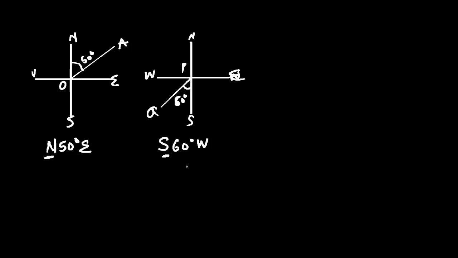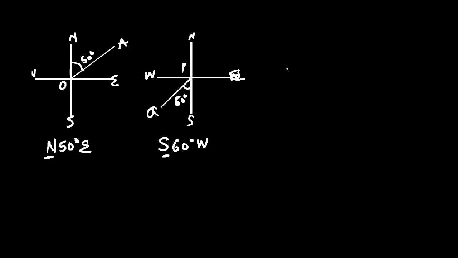So the other type of bearing is the 3-digit bearing. 3-digit bearing is usually measured from north in a clockwise direction. Are you getting this now? It's usually measured from north in a clockwise direction. So that 3-digit bearing has nothing to do with south. It's always from the north. Am I making sense now?